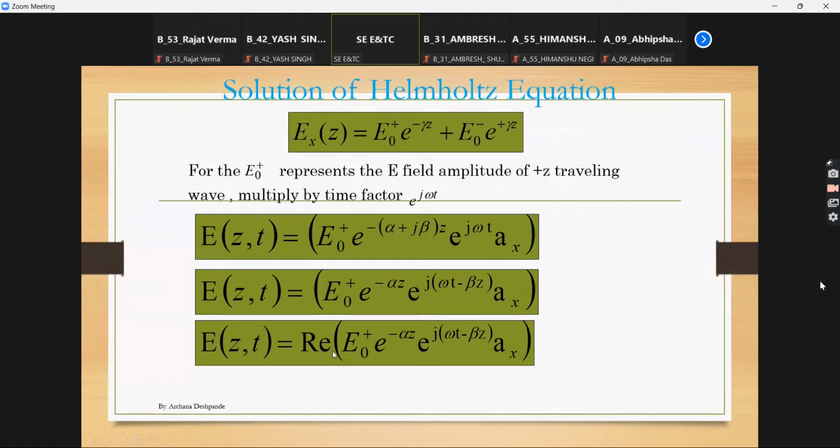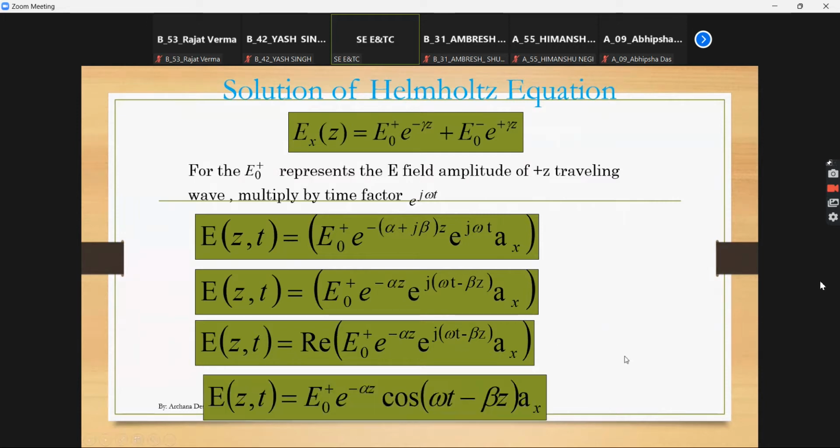It is a real part because this is the real part and this is the imaginary part. This is the incident wave, which is the real part of it. So E of z comma t is this. Its real part is this. E raised to j omega t is cos plus j sin.